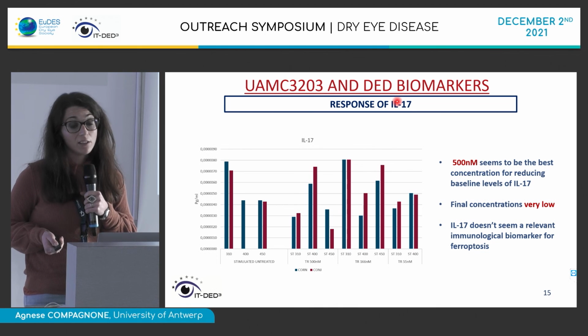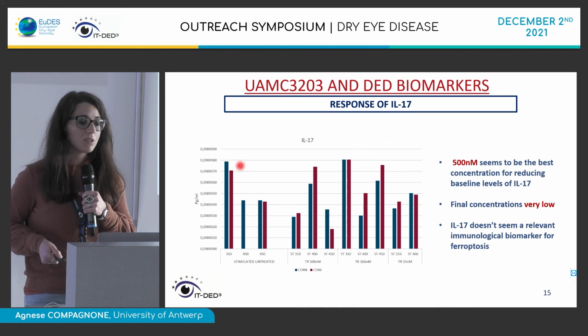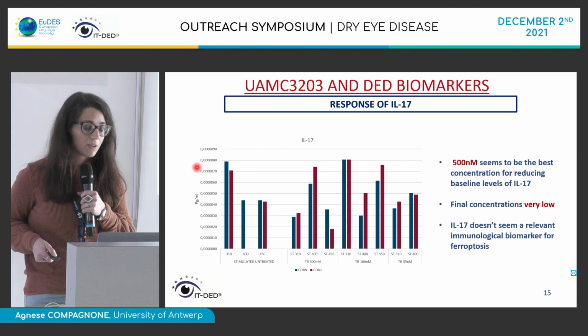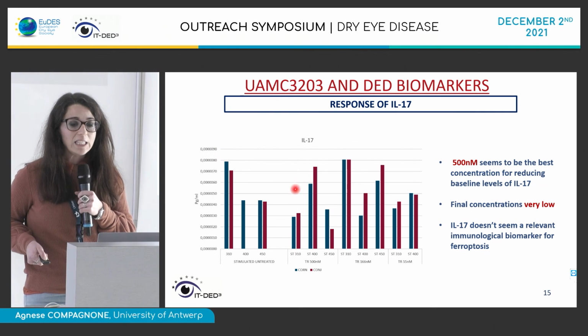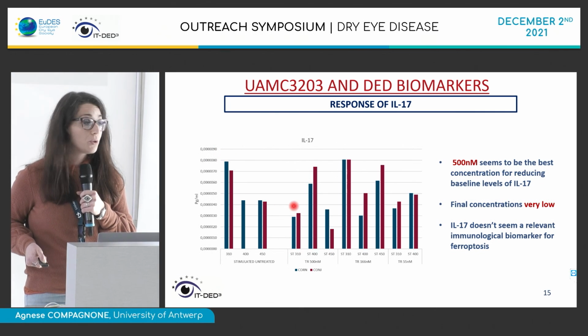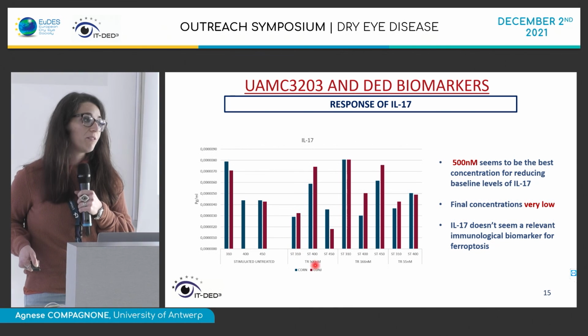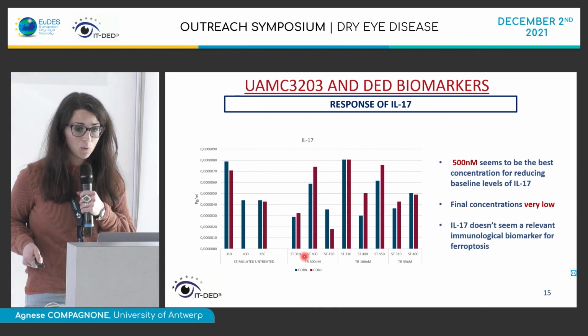Regarding interleukin 17, it has to be mentioned that the levels detected from the ELISA were in general very low, and it seems that the best concentration for reducing the baseline levels of interleukin 17 is 500 nanomolar.